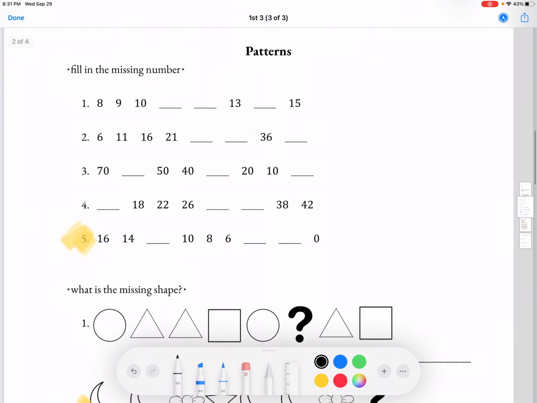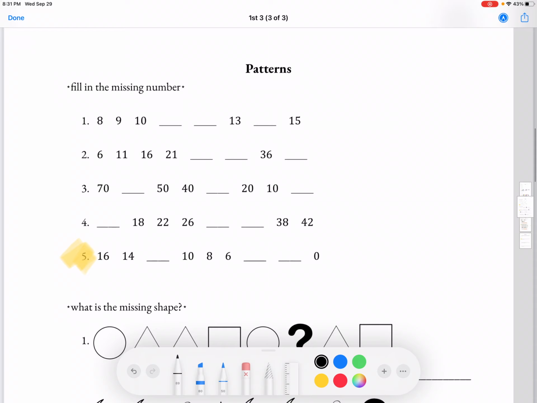Okay, moving on to number 5 in patterns. So we have 16, 14, a blank, 10, 8, 6, blank, blank, and then 0. So we can see that the number is decreasing as it goes on. To find out how much it's decreasing by, we can use a number line.